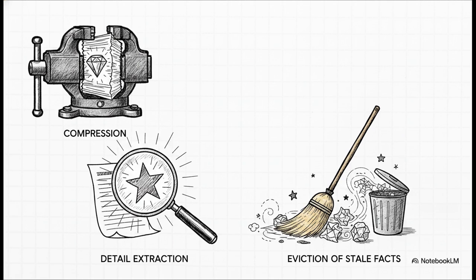First is memory compression. Instead of saving every single word you've ever typed, we have a background process summarize dozens of conversational turns into a single, dense memory fact. Second, we focus strictly on extracting significant, actionable details rather than hoarding raw interaction logs. And third, this is huge for long-term deployments, we apply strict eviction policies.